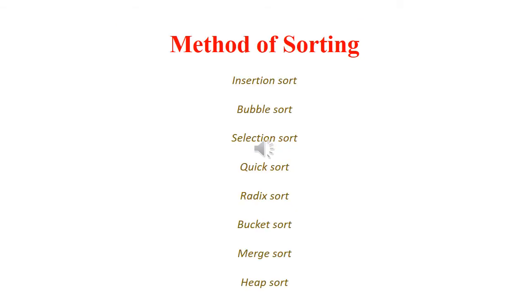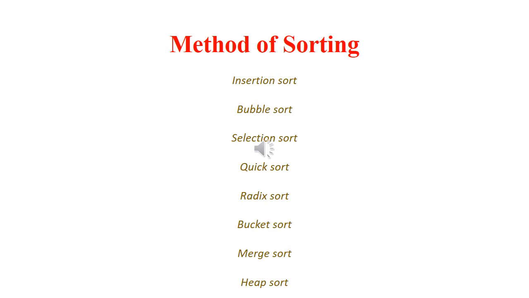There are many methods of sorting available in the literature: insertion sort, bubble sort, selection sort, quick sort, radix sort, bucket sort, merge sort, heap sort, and many more. So to arrange the elements in ascending or descending order, there are different methods. It is not the only method we are studying.